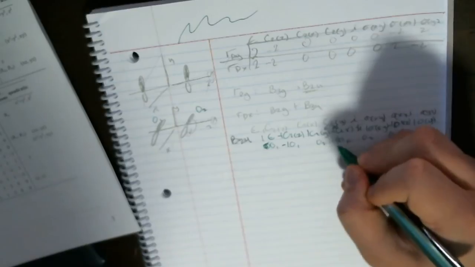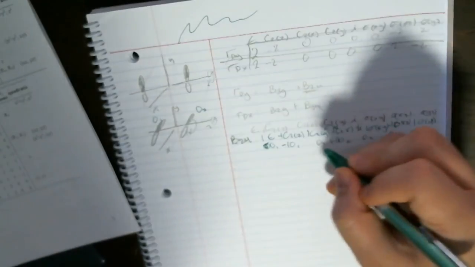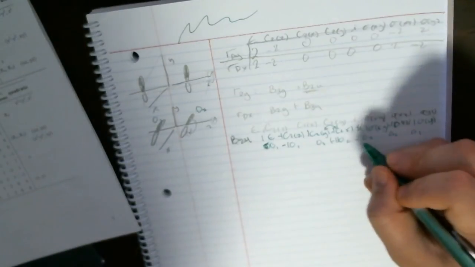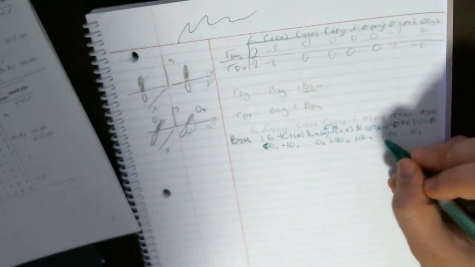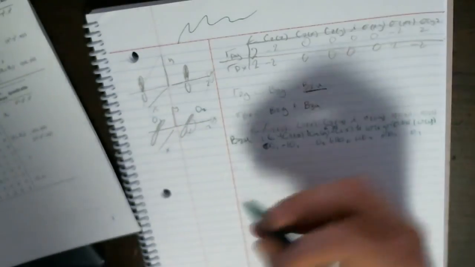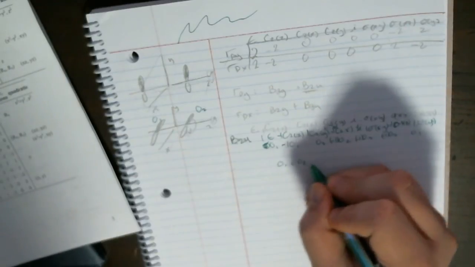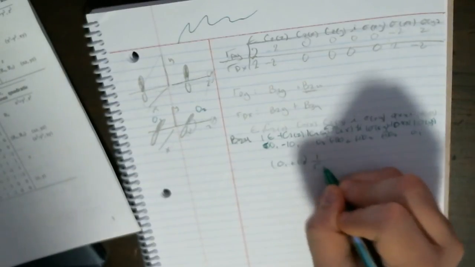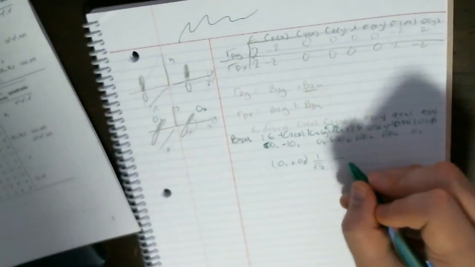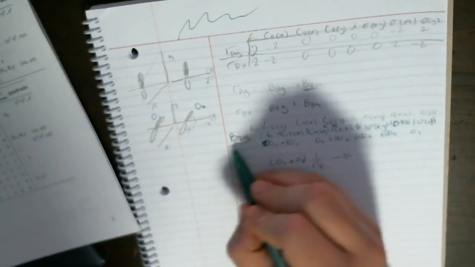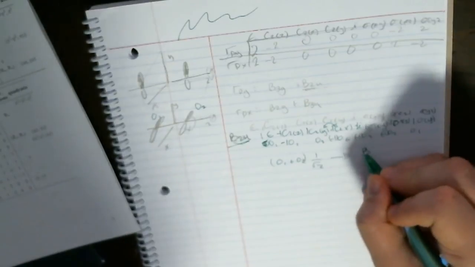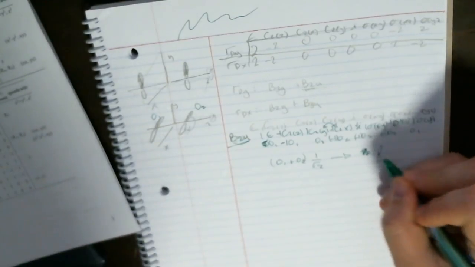A -1 here in front of a -1. Another -1 here in front of a -1, and another -1 here in front of -1. And what you'll actually get is O1 plus O2 over the square root of 2. And what that means is that for this symmetry, you get this.